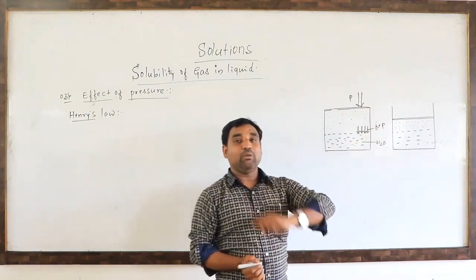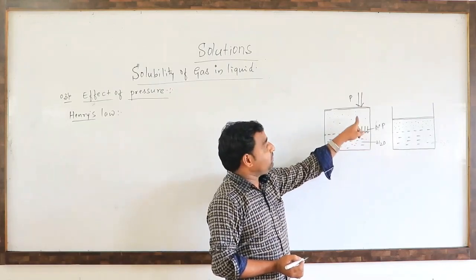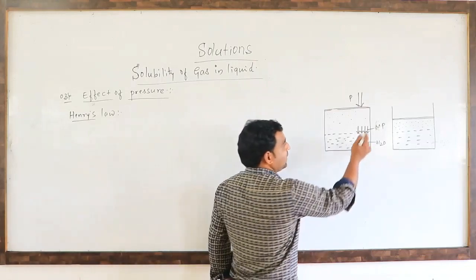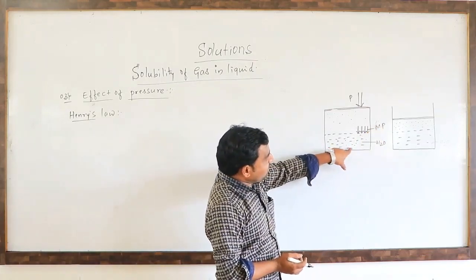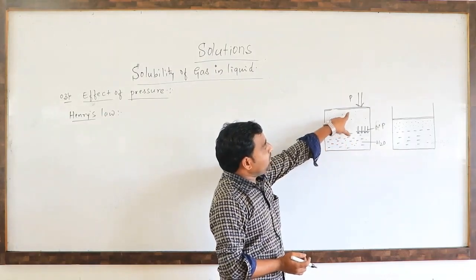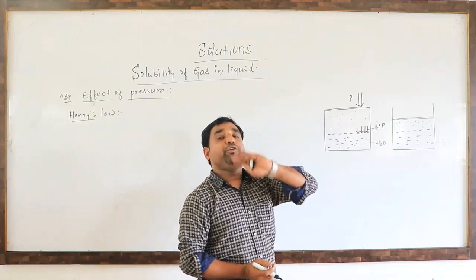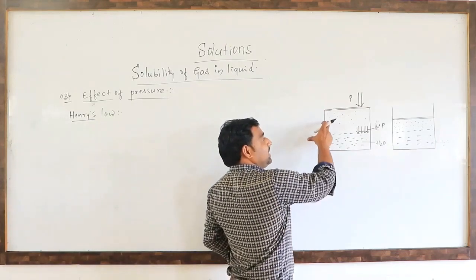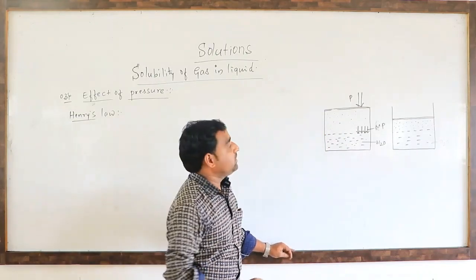If a single component is taken, that is water, that pressure is also called the partial vapor pressure. When evaporation occurs, the vapor molecules are collected over the solution, and the evaporation and condensation processes are in an equilibrium state.